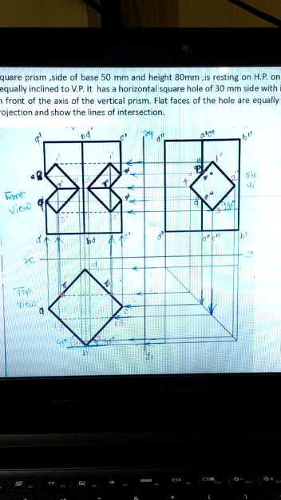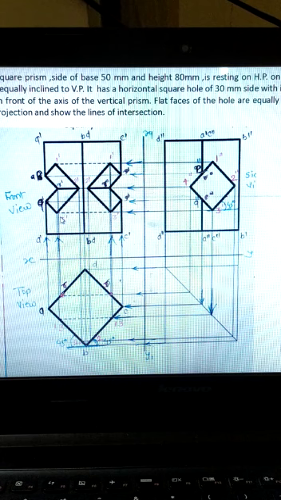Then I will project these points to the front view, drawing a horizontal projector from the side view to get the intersection with the vertical projectors from the top view, and I will define them as 1 dash and 3 dash.